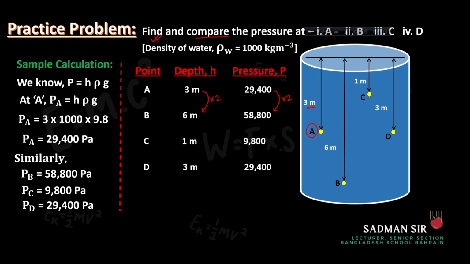If you multiply 29,400 by 2, you will get 58,800, correct? So they both change in the same proportion.